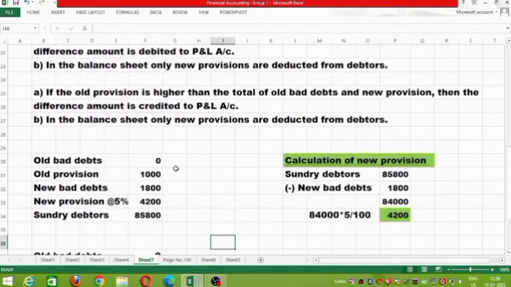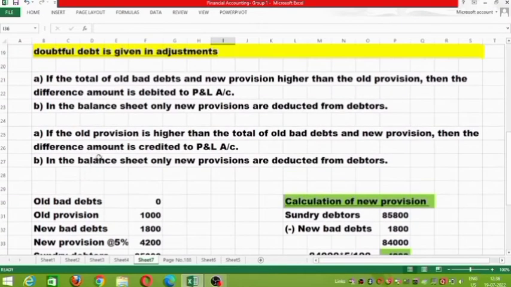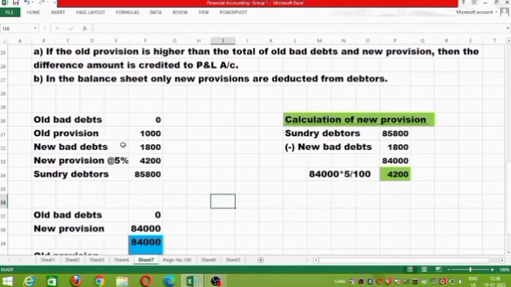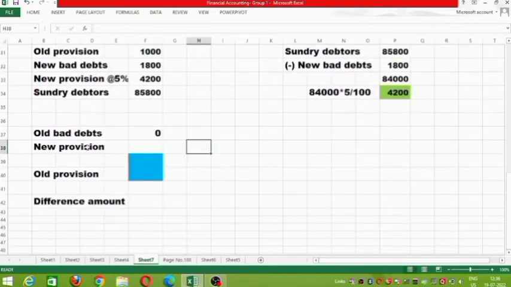Now, we have written down all the information from the problem after calculating new provision. Let's calculate and see which criteria it is matching. If the total of old bad debts and new provision is higher than the old provision, then the difference amount is debited to P&L account. Correct? Or else vice versa. So let's see.